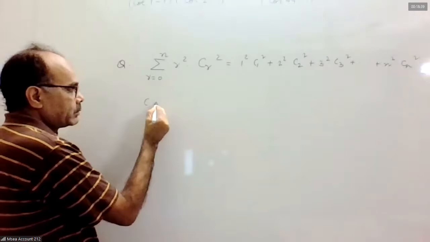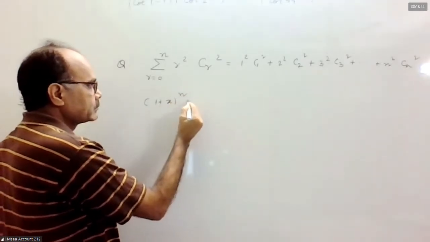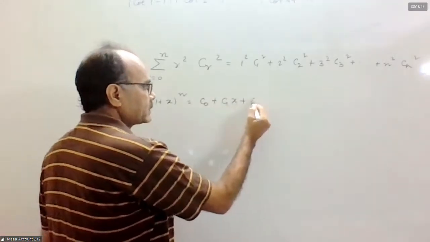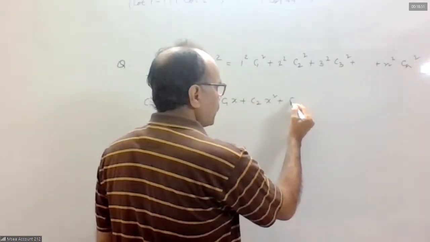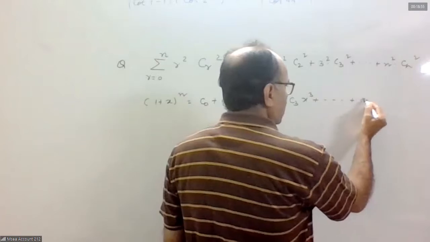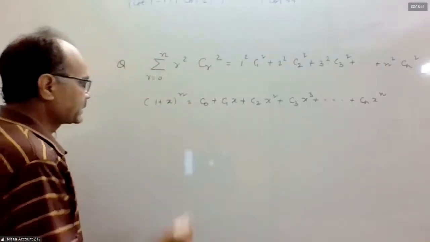Look at here. Take the same series: C0 plus C1x plus C2x square up to Cn x to the power n. Differentiating with respect to x.